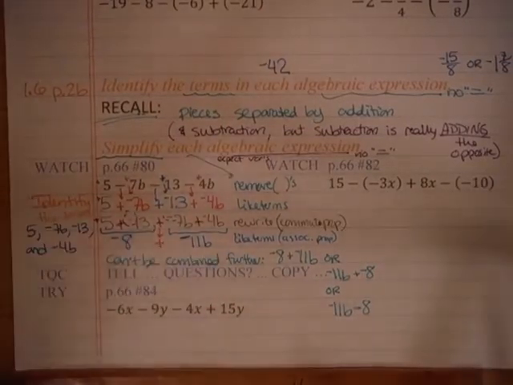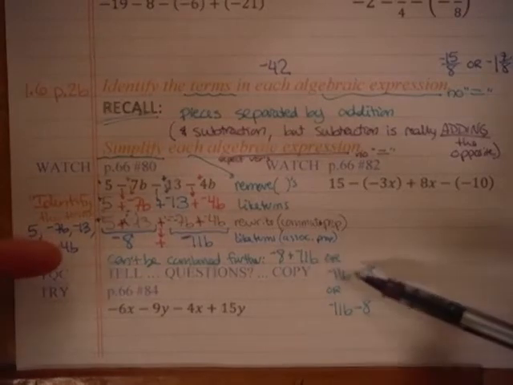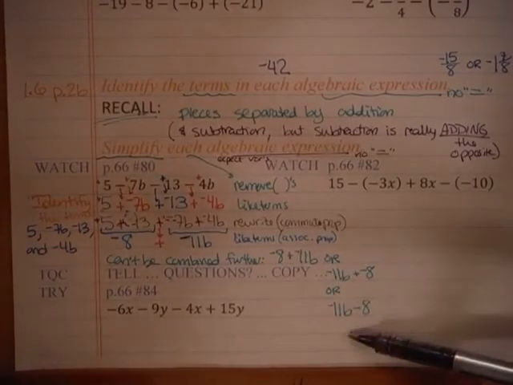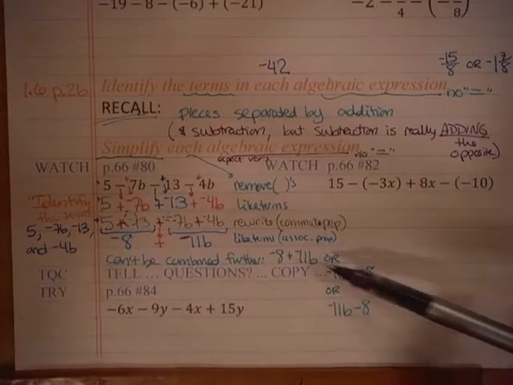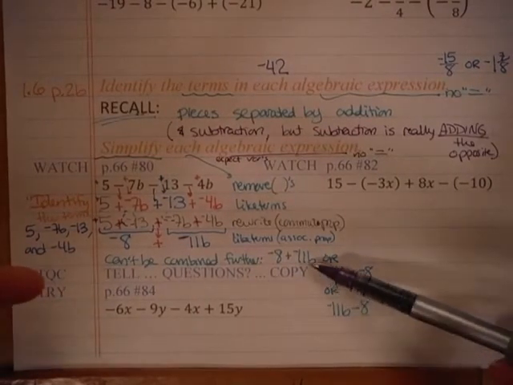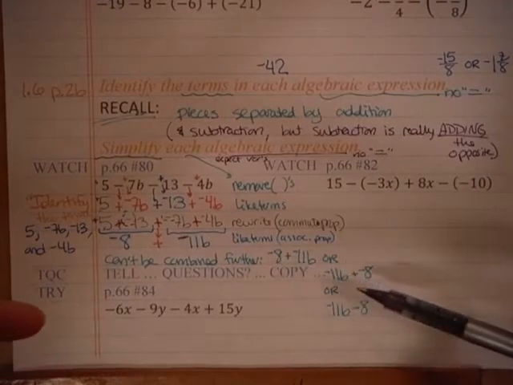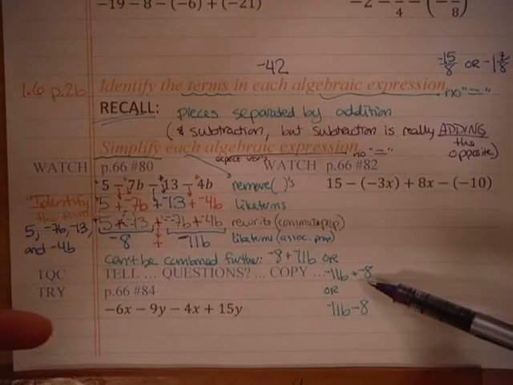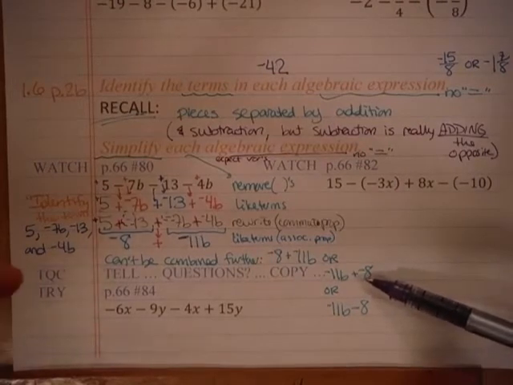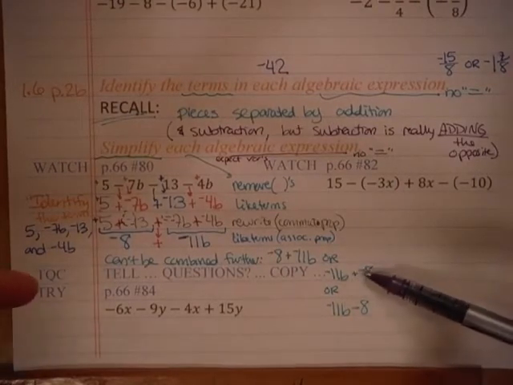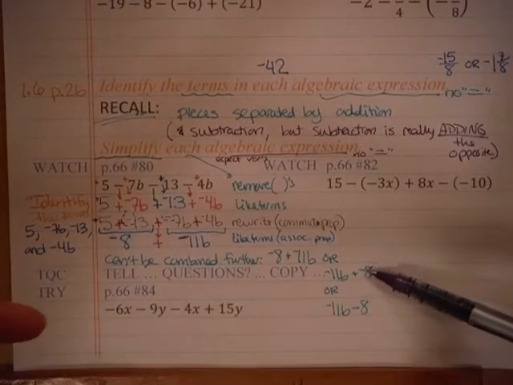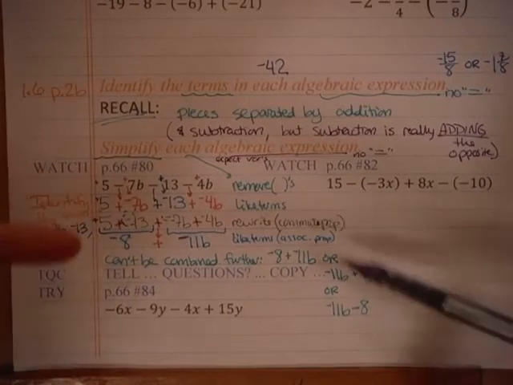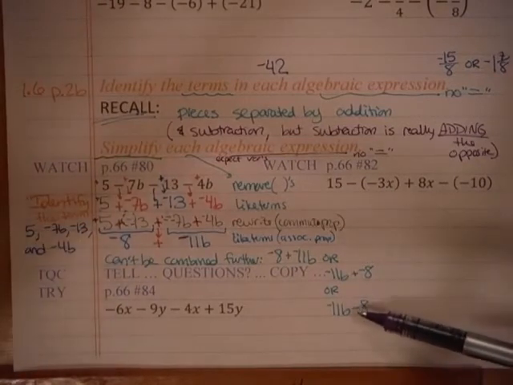Sorry, I took up some space there. Again, I get the question, well, which is more correct? They're all correct. You want to get to the point where you can recognize that these 3 statements that I just wrote, whether the 11b or the 8 term is in front or back, as long as you keep the signs attached to each term correctly, you're fine to switch them around the addition. Also, you can rewrite adding a negative as subtraction. That's just undoing what we did in the first step, to rewrite subtraction as adding a negative.